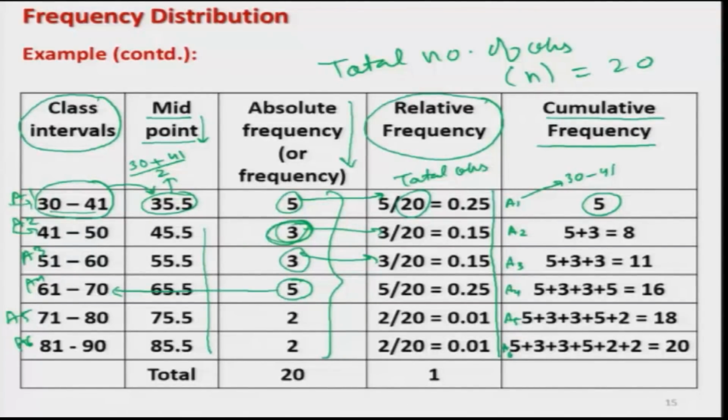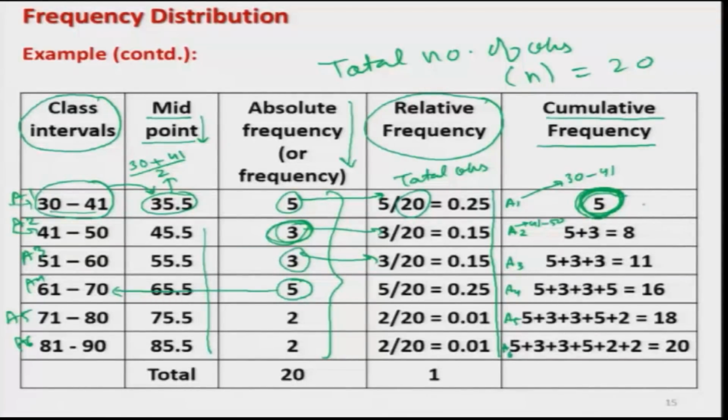So, I can also say that there are only 5 observations in the entire data set whose values are smaller than 41. Now, let me come to the second category A2, which goes from 41 to 50. You can see the total number of observations whose values are smaller than 50.